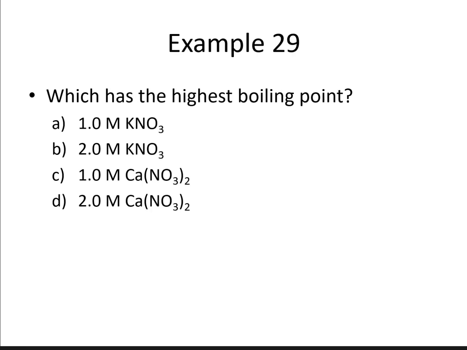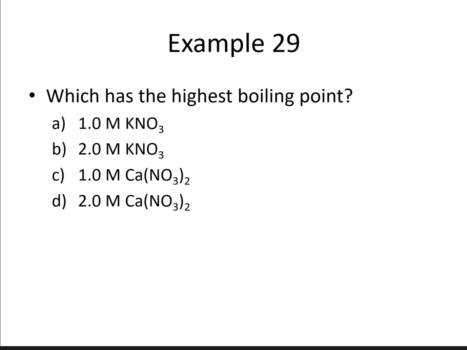Which of these would have the highest boiling point? Take a moment, answer it now. Your best choice there is going to be choice D. And let's talk through why that is.